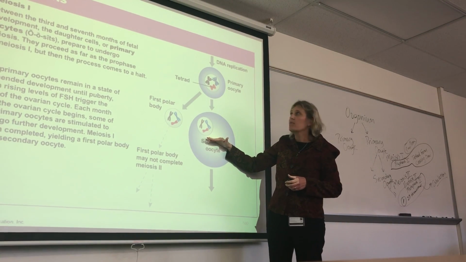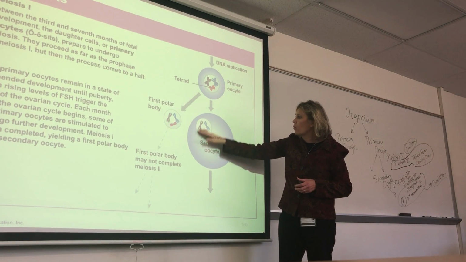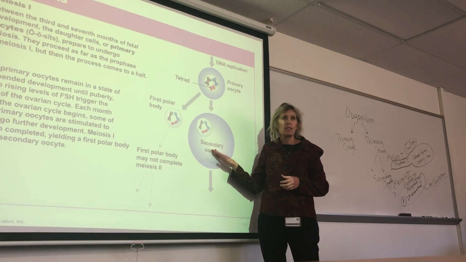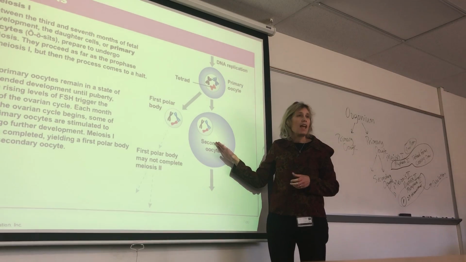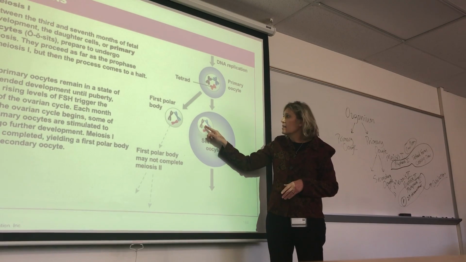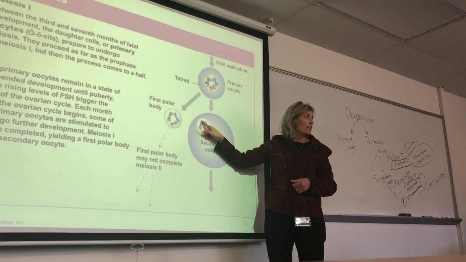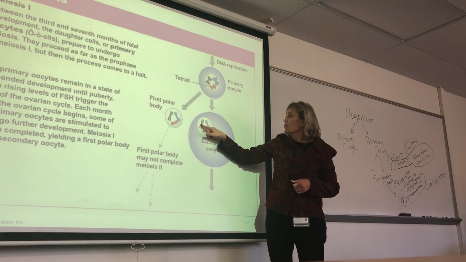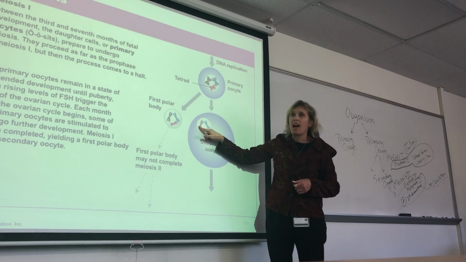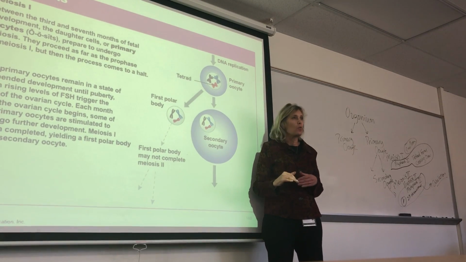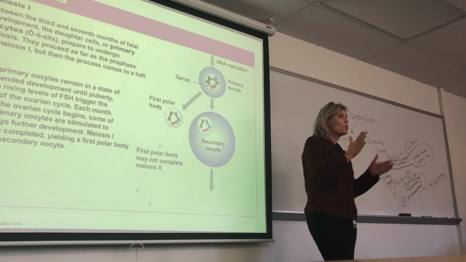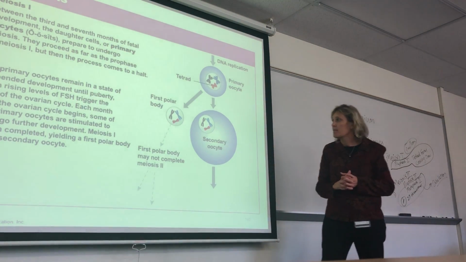At the end of meiosis I, you end up with one secondary oocyte that is haploid. It contains a chromosome and its copy, 23 chromosomes plus their copy. And the chromosome and the copy are linked together.